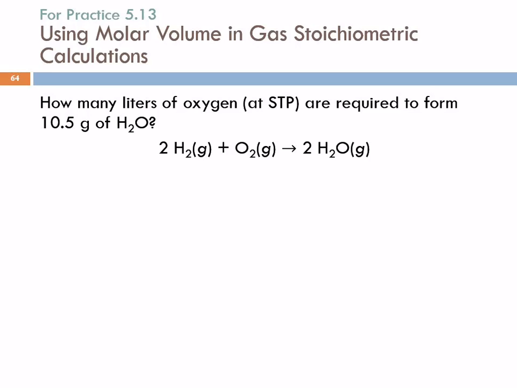Here's another one. How many liters of oxygen at STP are required to form 10.5 grams of water? This one could be done in 2 ways. STP tells us the temperature and the pressure. We're trying to find liters of oxygen, and we've got 10.5 grams of water.